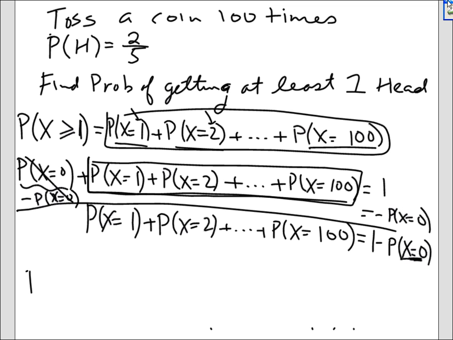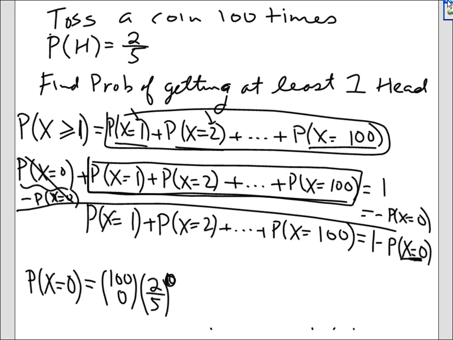Okay, what is the probability that I get 0 heads? Well, from 100 tosses, I want to choose 0 of them. And the probability of success, the probability of heads, is 2/5, but I want none of them. Oops, I want none, 0. Times the probability of tails. Well, if 2 out of 5 times you get heads, 3 out of 5 you get tails.